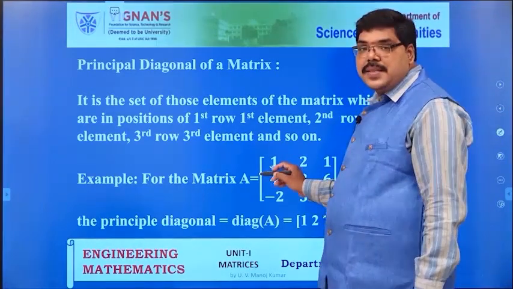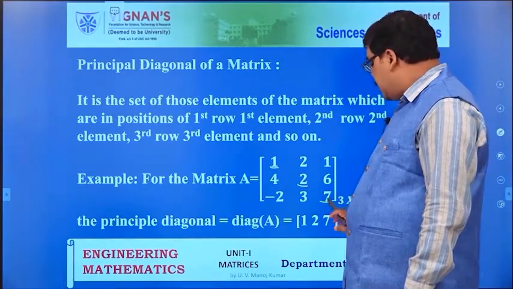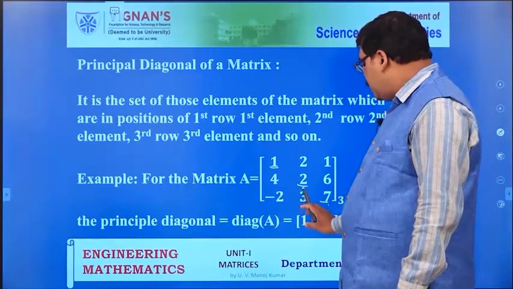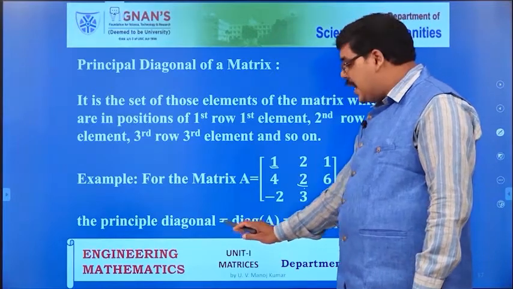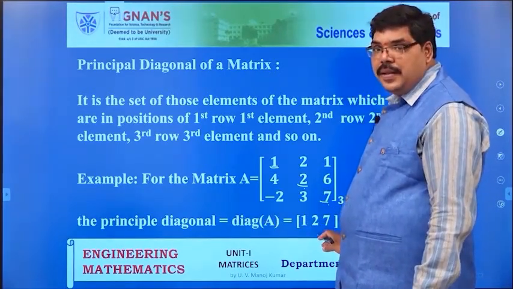In this matrix, first row first position, second row second position, third row third position are the elements 1, 2, 7. So the principal diagonal of the matrix is 1, 2, 7.